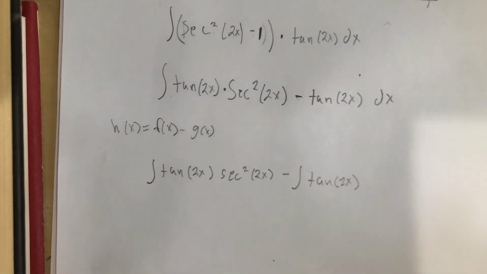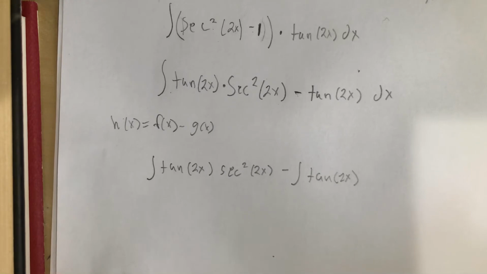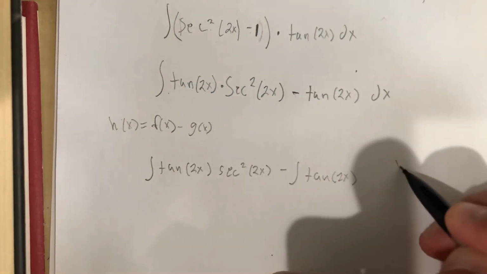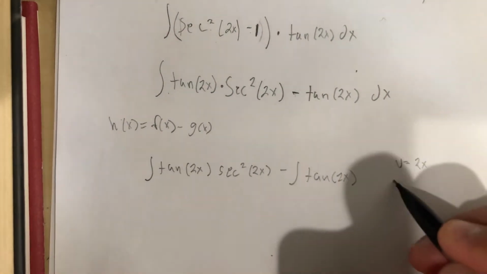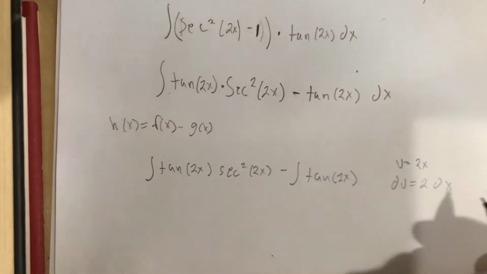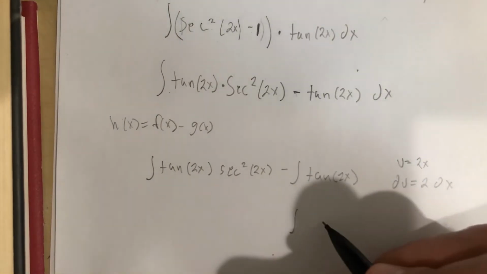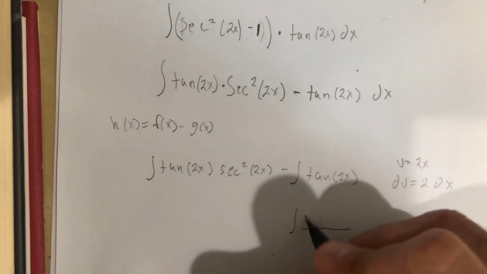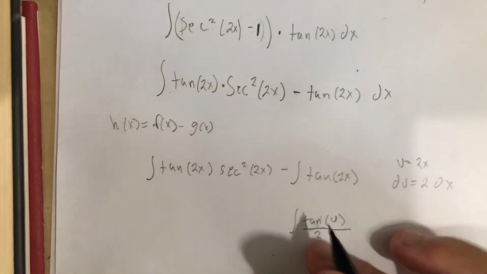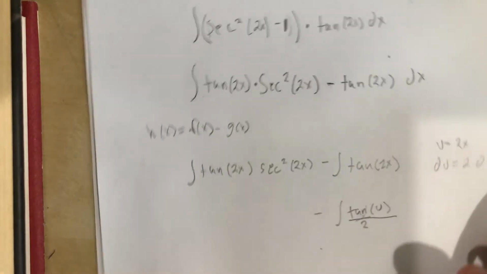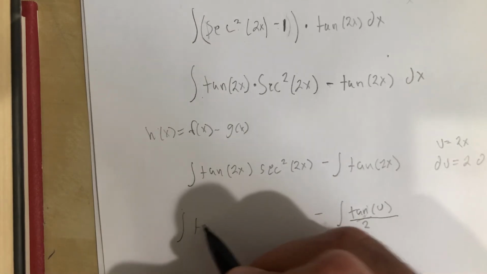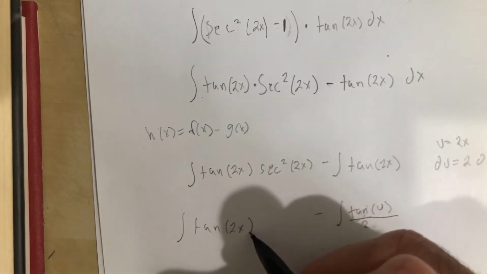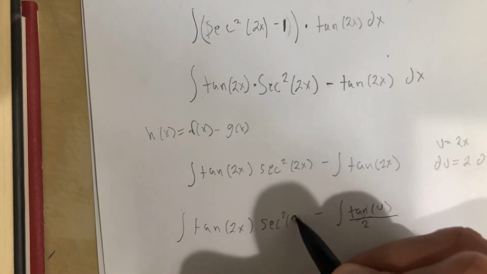Well, we know that the integral of tangent x is equal to the natural log of secant x plus c. So in order to do that, we just u sub u equals 2x, and we'll get du is equal to 2 dx. So now we'll have u over 2, tangent of u over 2 minus tangent 2x secant squared 2x.